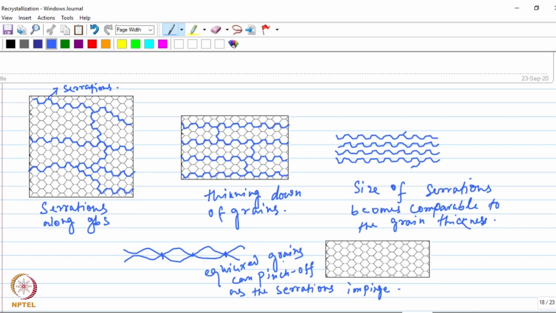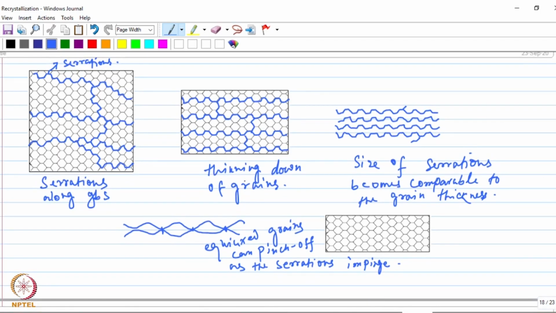So it also tells you that these kind of mechanisms are associated with grain refinement also, right? Because as I said, the new grains which are forming are finer in size, right? So therefore, we may have to revisit this topic again when we talk about the grain refinement process.